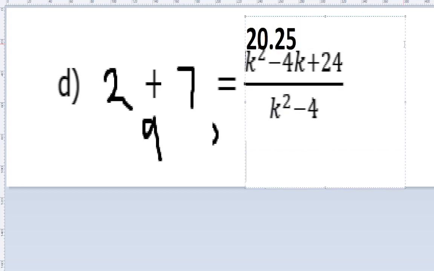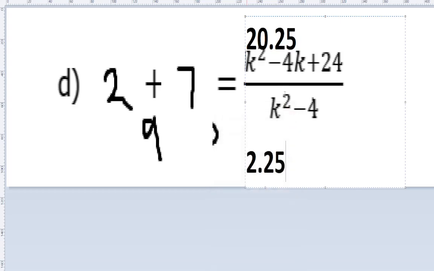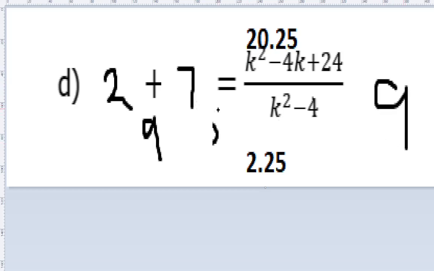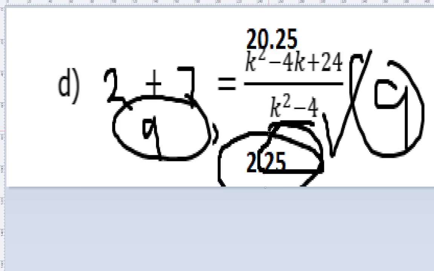At the bottom, k squared again is 6.25 minus 4 is 2.25. So I'd have to do 20.25 divided by 2.5. And hopefully it comes out as 9. And I get 9. So this whole right side comes out as 9. Since 9 left and 9 right, that means 2.5 is a possible answer.